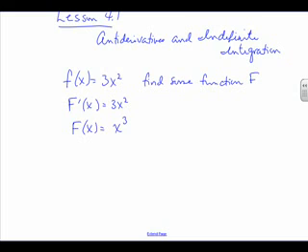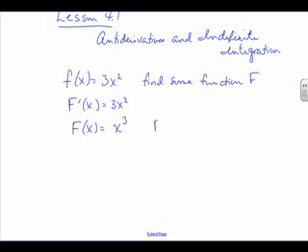Capital F of x equals x cubed is one function that we can differentiate, and the derivative be 3x squared. Now, something interesting to think about is that's not necessarily the only function whose derivative is 3x squared.